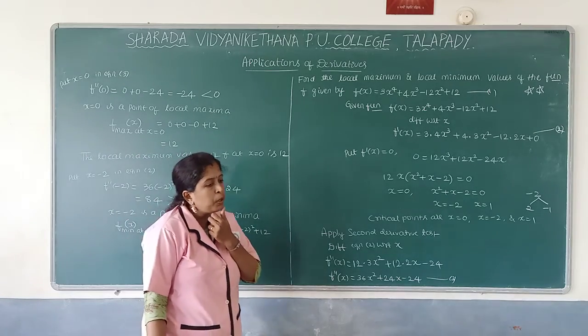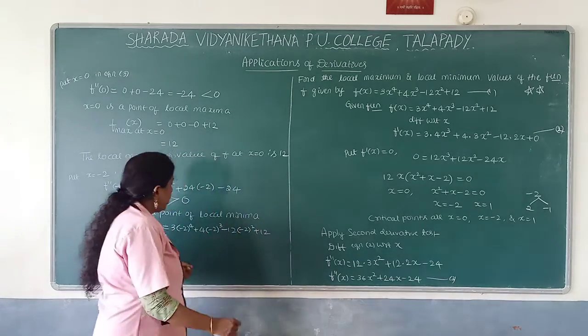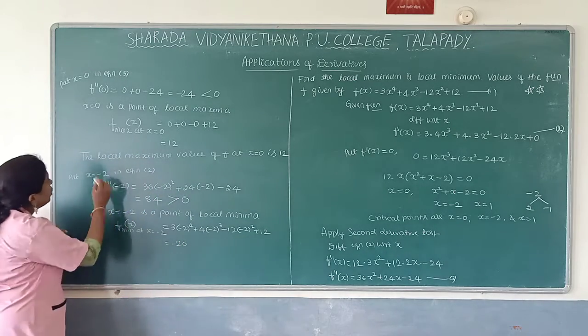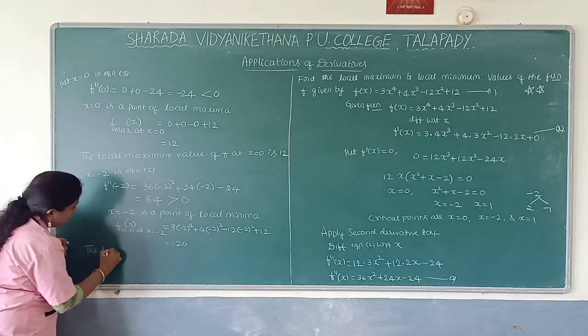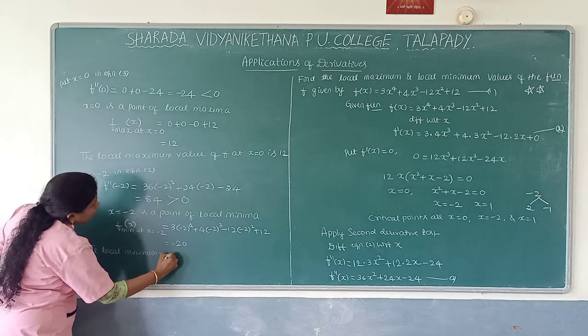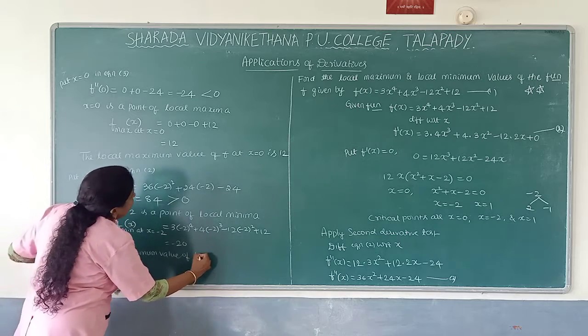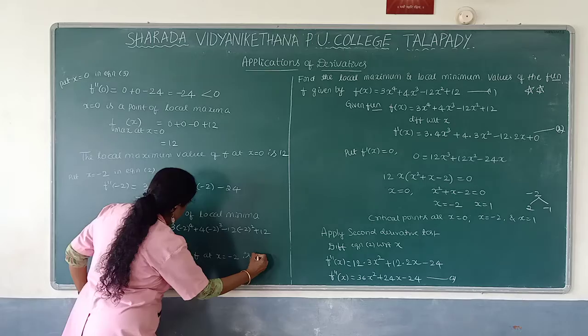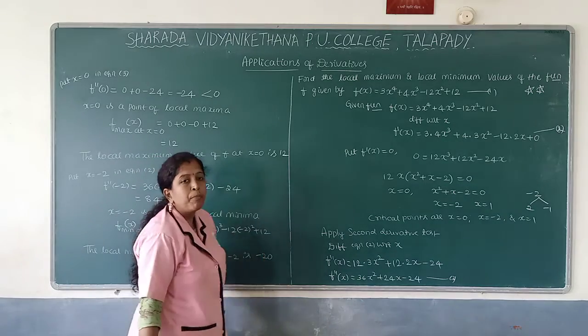Then after substituting, we get the value minus 20. Then next we should write the local minimum value of f at x is equal to minus 2 is minus 20.